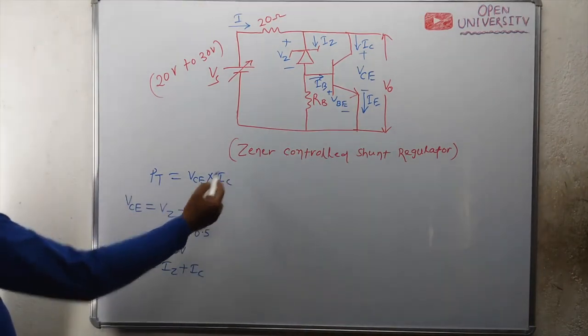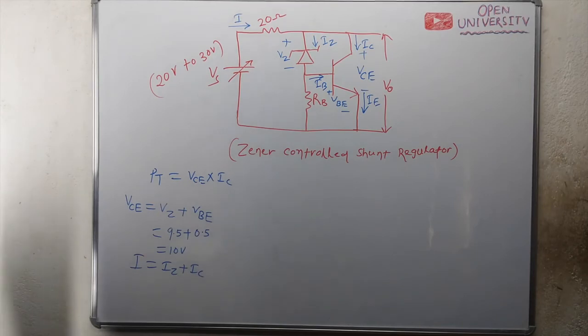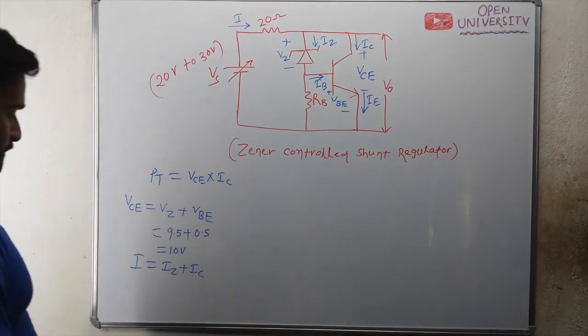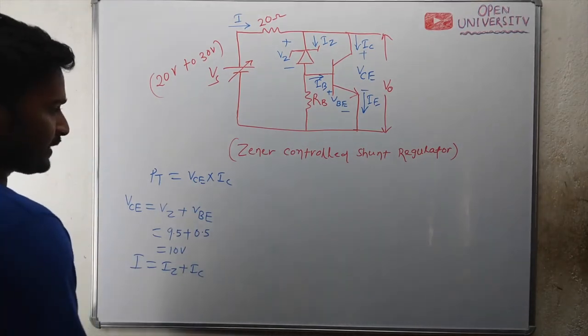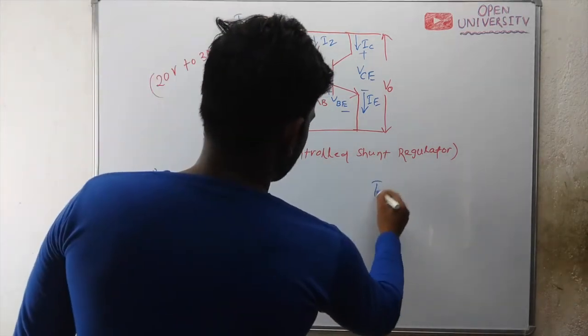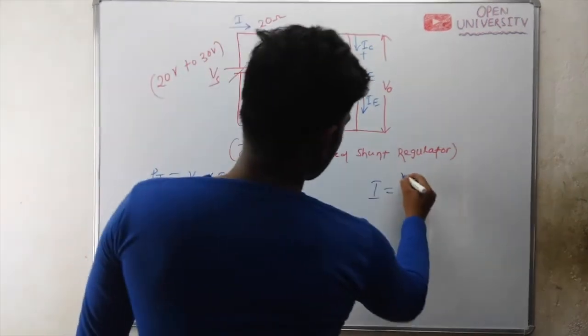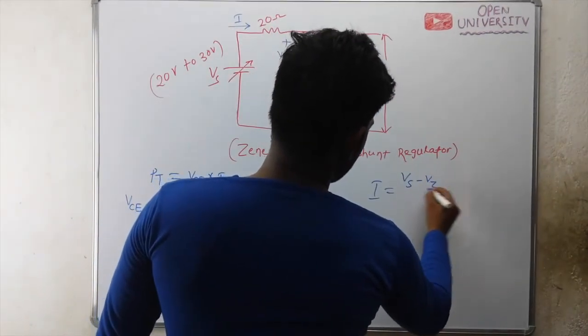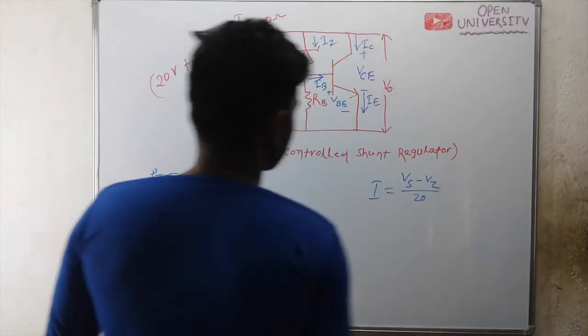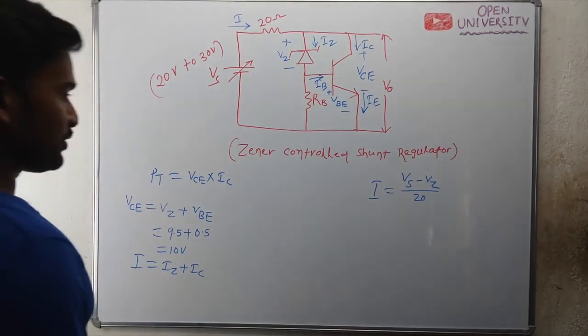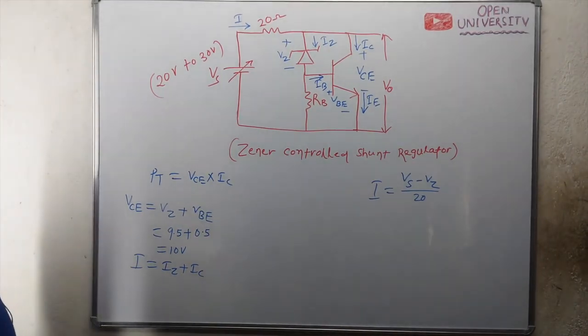I need IC. How to get I? I will be equal to Vs minus Vz by 20. That will be your I.